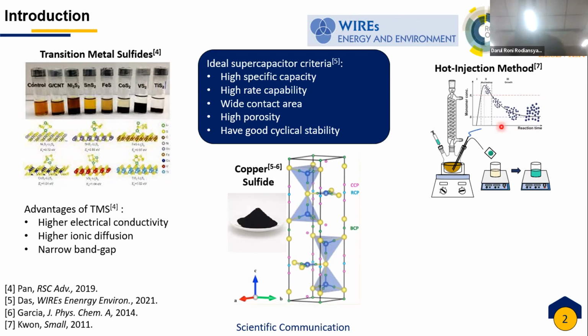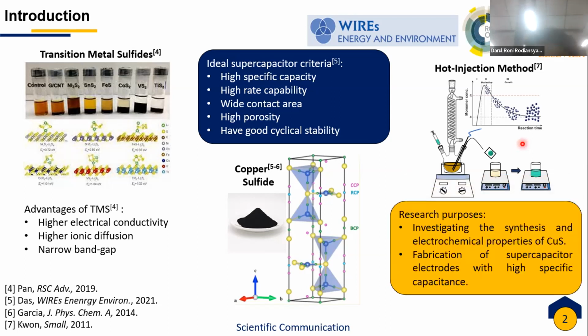The method I use is the hot injection method because it has a short synthesis time and controllable parameters to produce very small and uniform material. So, from the description that has been explained, this research was conducted with the following objective: investigating the synthesis and electrochemical properties of copper sulfide and fabrication of supercapacitor electrodes with high specific capacitance.